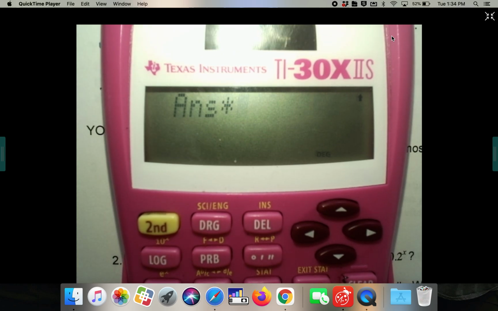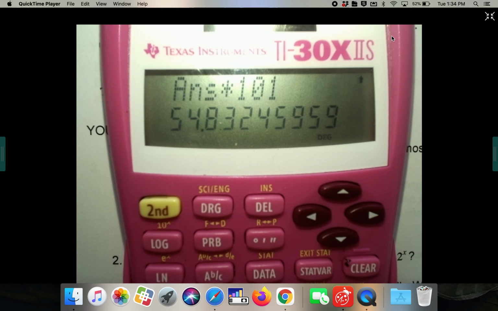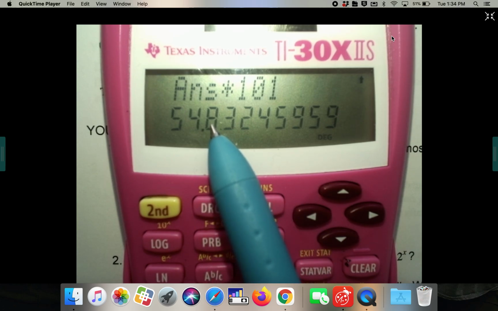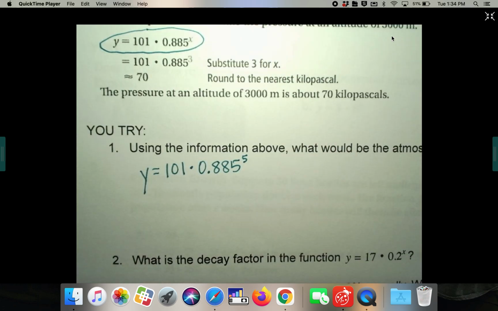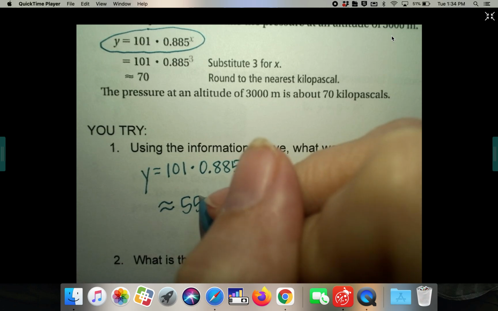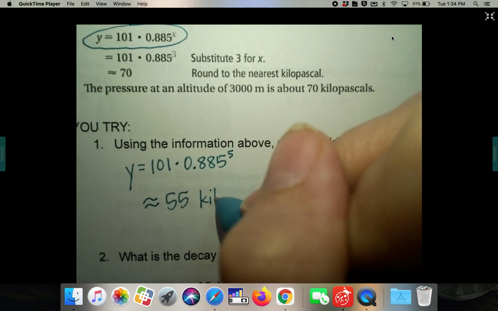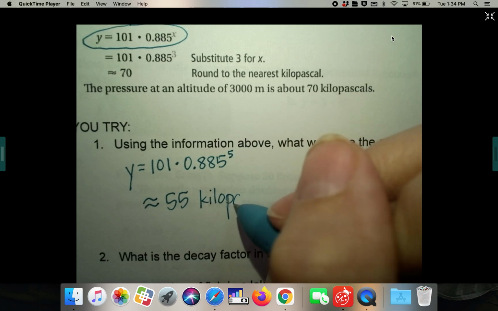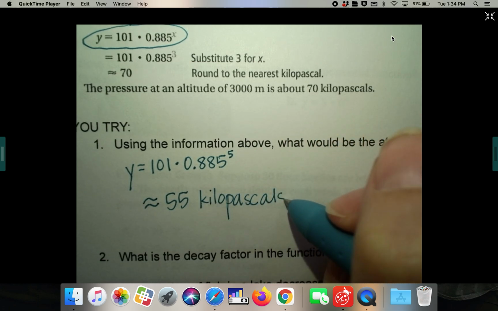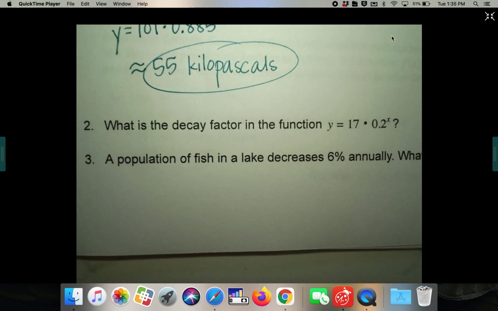So times 101 equals still a big number, but we're going to say about... I'm going to round the 8, I'm going to let it bump up 54 to a 55. So I'm going to say it would be about 55, I guess, kilopascals. Okay. All right.